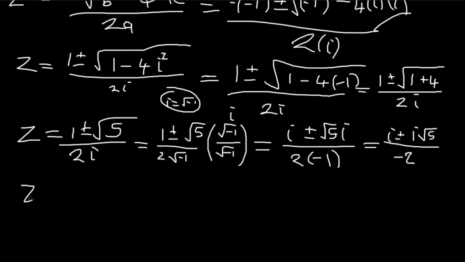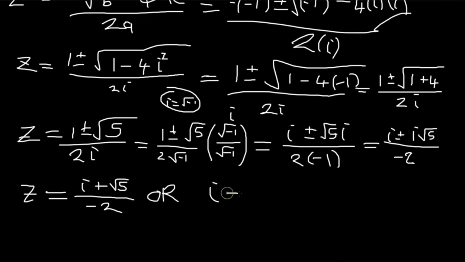So my final answer is z is equal to either i plus root 5 over negative 2, or i minus the root of 5 over negative 2.